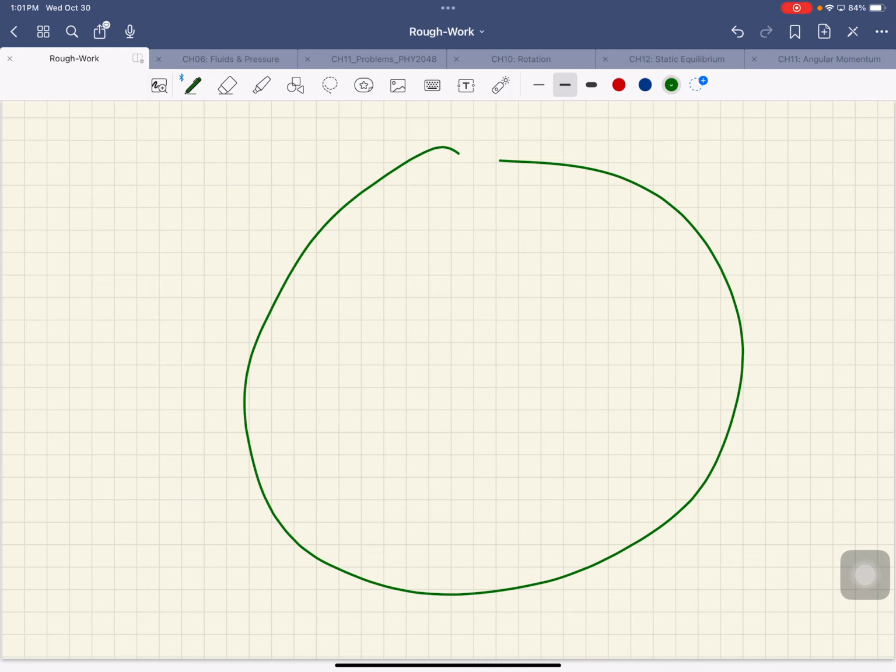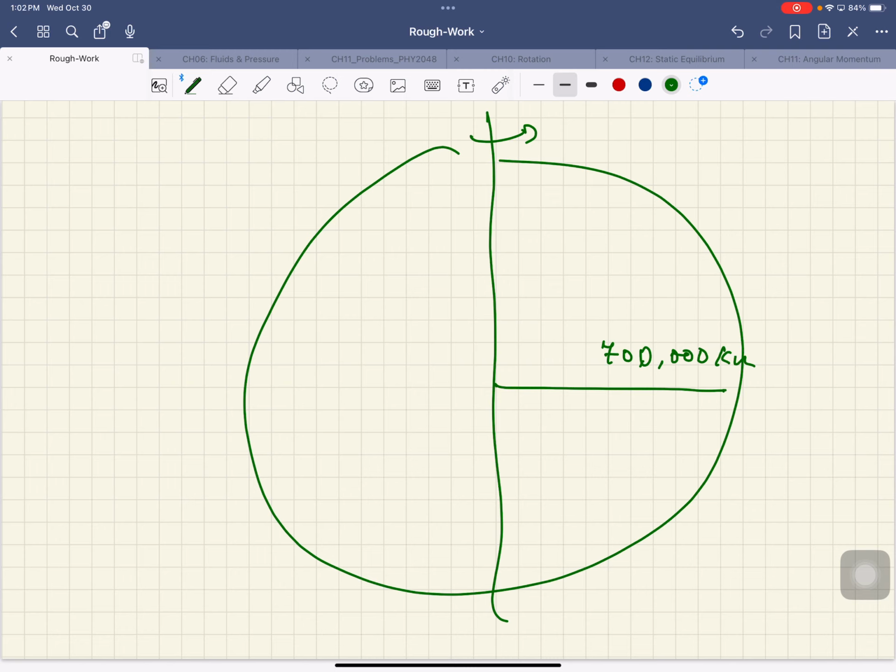So 700,000 kilometers. So the radius of the sun is 700,000 kilometers. If the sun were to become a neutron star, its radius would have to decrease by a factor of 100,000.